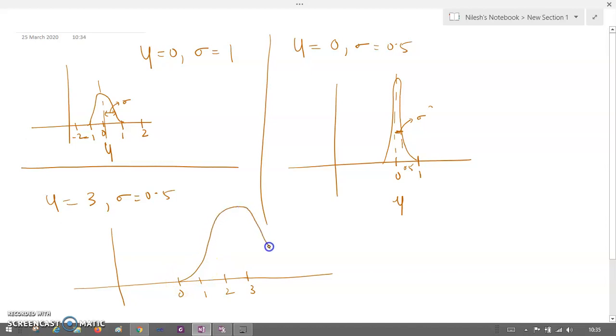This is 3, and this is going to be your mu, and this is going to be 0.5, or say this is sigma. So this is how your mean and variance are going to vary according to the parameters you give. I hope you understand what is meant by Gaussian distribution, and according to the Gaussian distribution, we're going to understand the Gaussian mixture model.